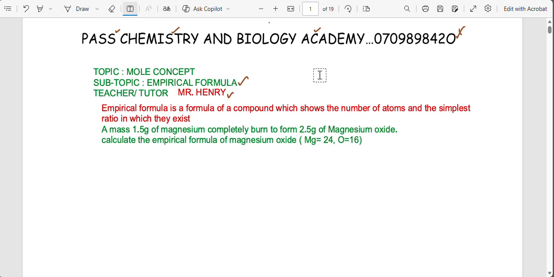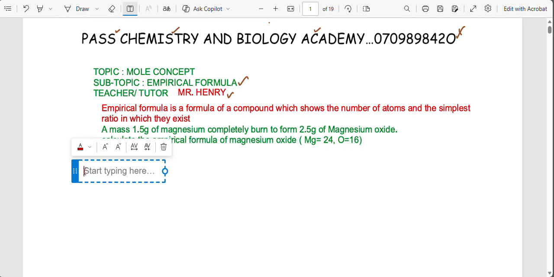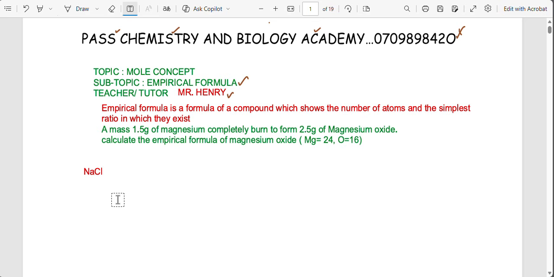Everyone knows that we have things that we call compounds. For example, we have a compound, let me say salt, which is sodium chloride, and it looks like that. Now, what is the empirical formula all about?